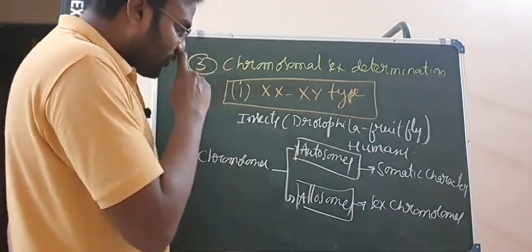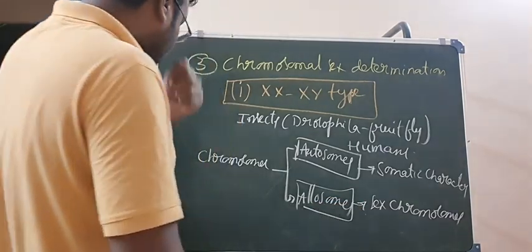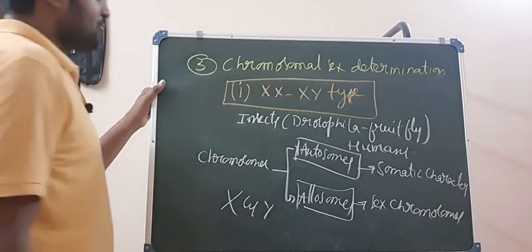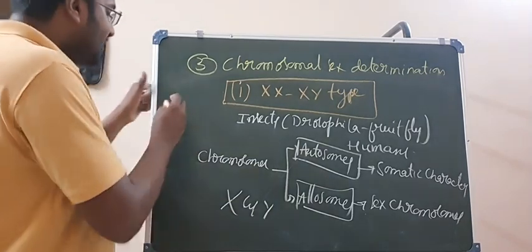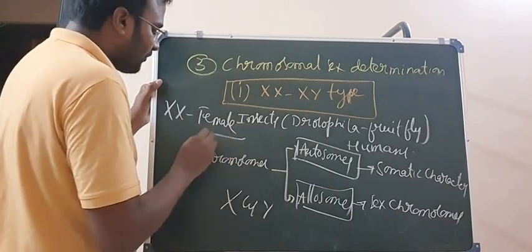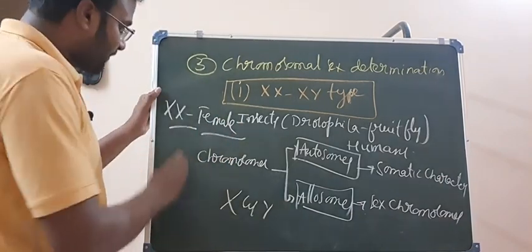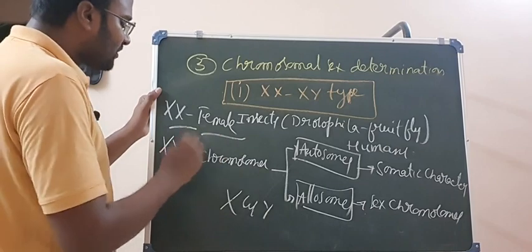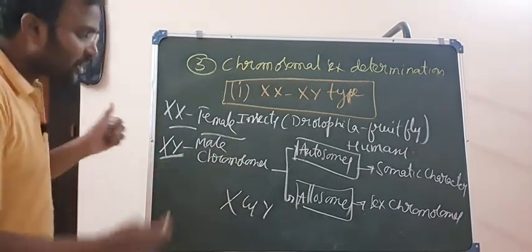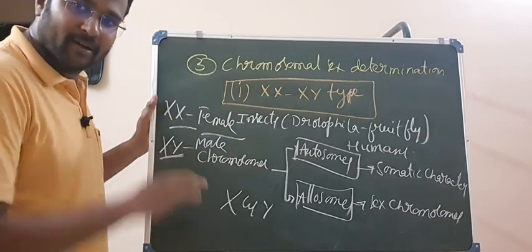So allosomes, if you take, are nothing but sex chromosomes. In case of these organisms, X and Y are the allosomes. In females you can find XX, same type of chromosomes, but in male you find XY. So the gametes which are formed from the male are different.